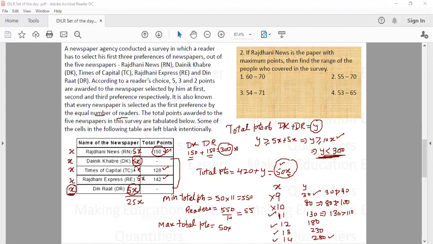Maximum value of x possible is 14. So 50 into 14, which is 700. So readers in this case will be 700 by 10 or 70. That means the range is from 55 to 70. This is the range. So answer is option 2.